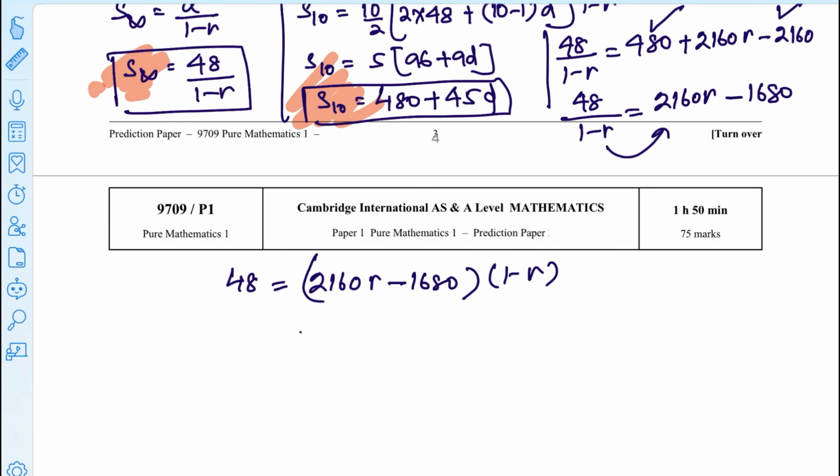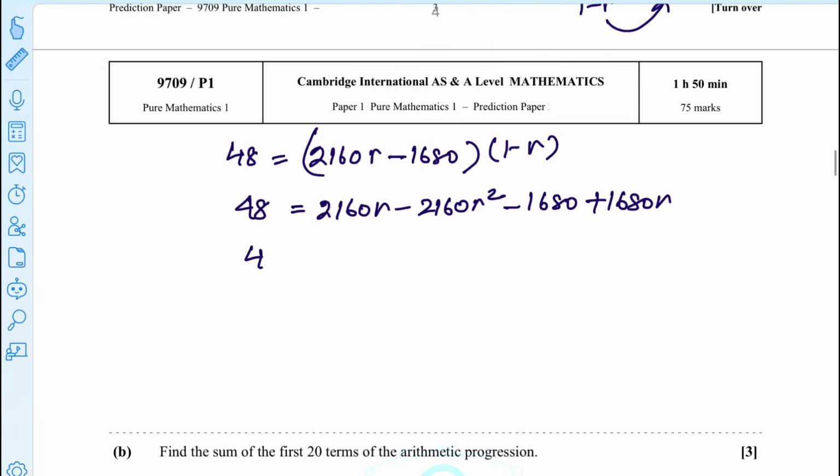We need to expand the bracket: 2160r minus 2160r squared minus 1680 plus 1680r, and this side we have 48. Now 48 equals minus 2160r squared plus 3840r minus 1680. Got it?